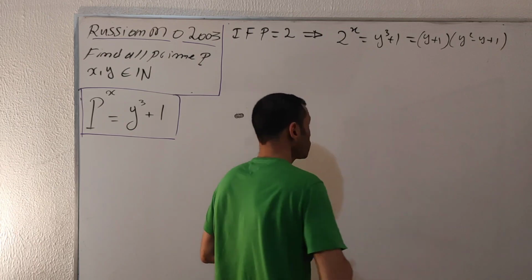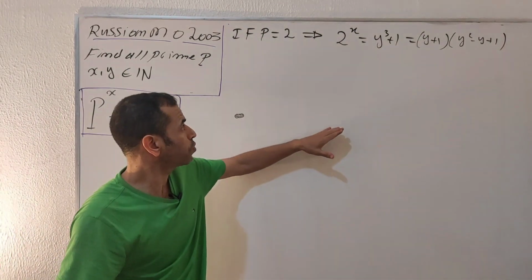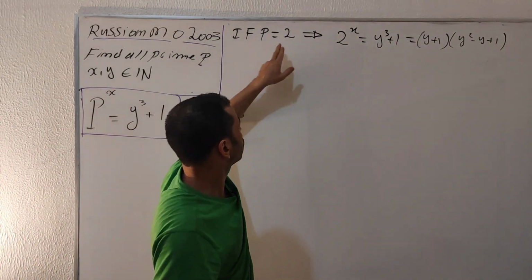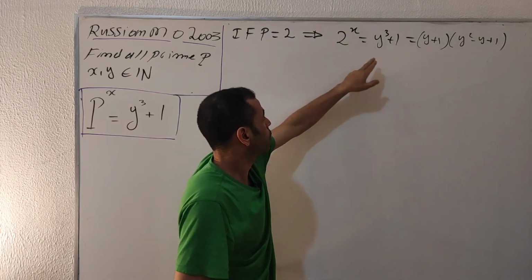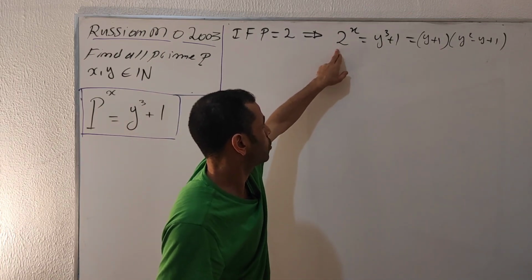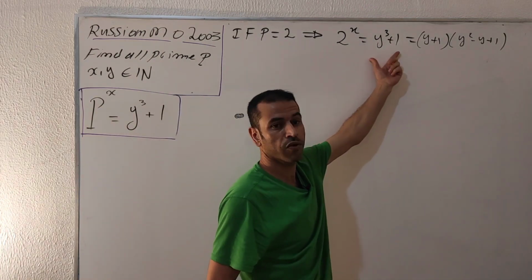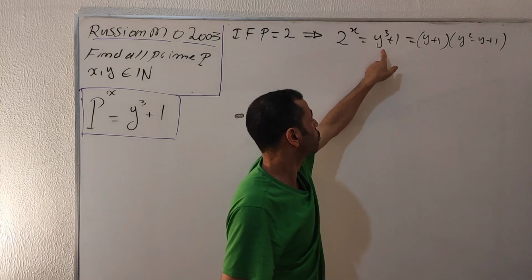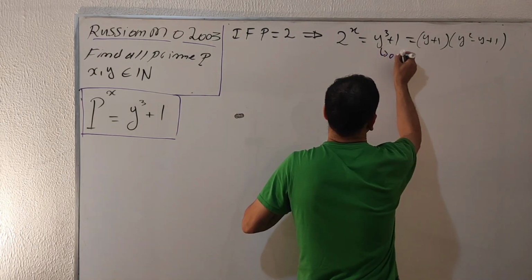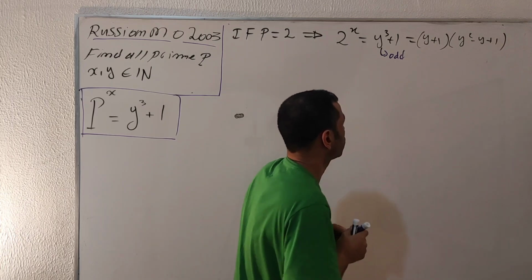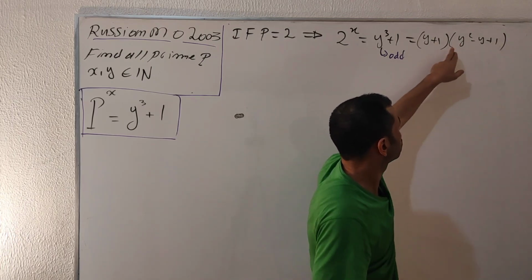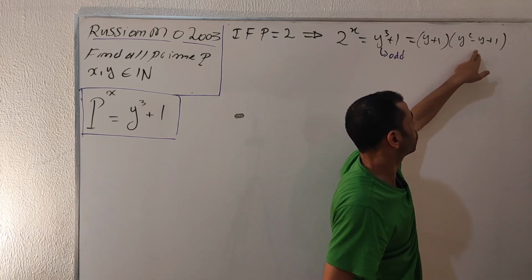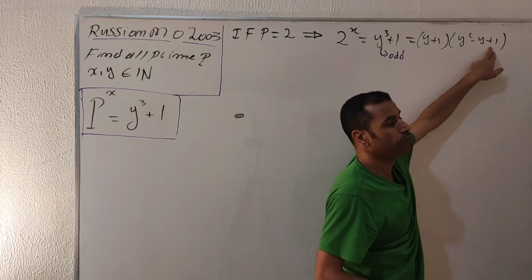Before I proceed, I'm going to check the parity of y. We know the left hand side of this equation is even, which means the right hand side must be even as well. So y is odd. If y is odd, I'm going to check this factor: y squared is odd, minus y becomes even, even plus number 1 becomes odd.